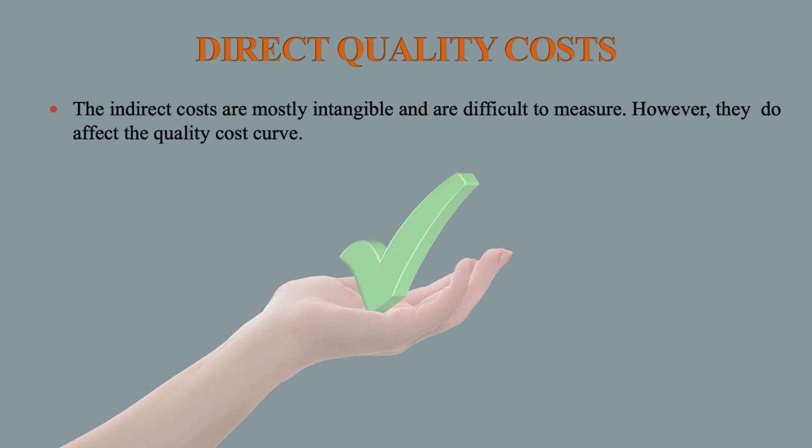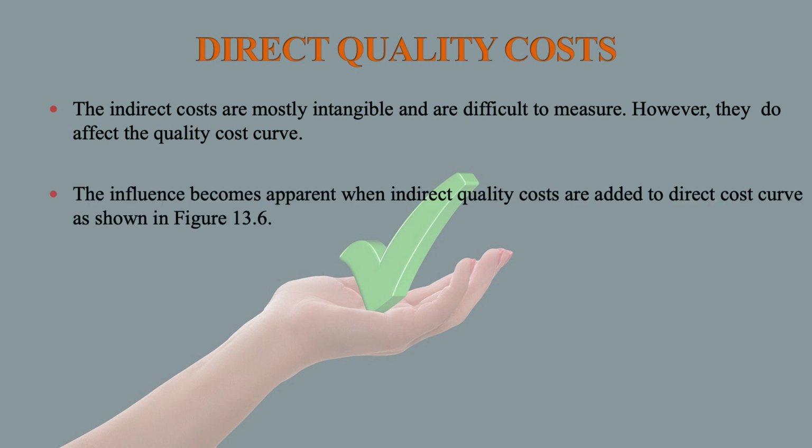The indirect costs are mostly intangible and are difficult to measure. However, they do affect the quality cost curve. The influence becomes apparent when indirect quality costs are added to the direct cost curve as shown in figure 13.6.